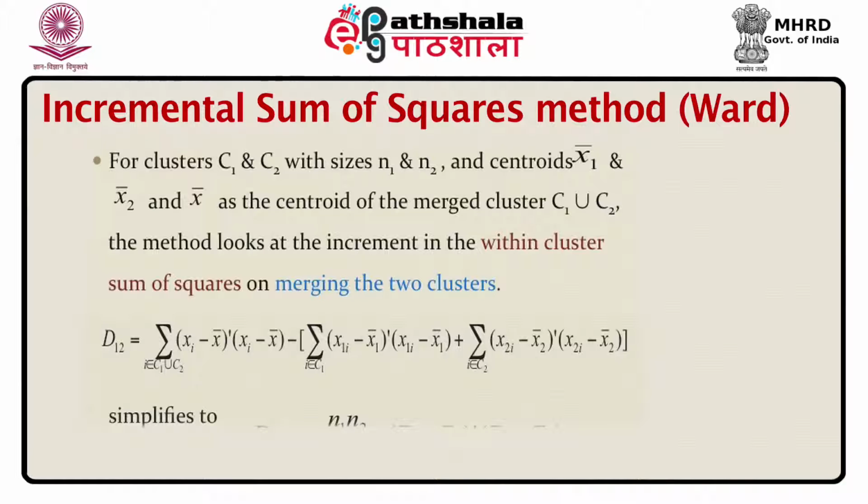Now once you have the incremental sum of squares measure, you can simplify this to D12 equals n1 n2 by n1 plus n2 into x1 bar minus x2 bar prime into x1 bar minus x2 bar. So what you are looking at is the squared difference between the two centroids, normed by 1 by n1 plus 1 by n2.